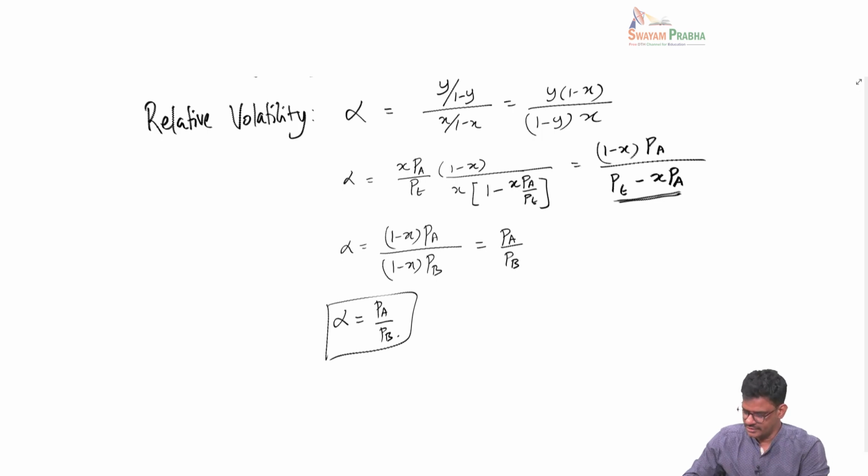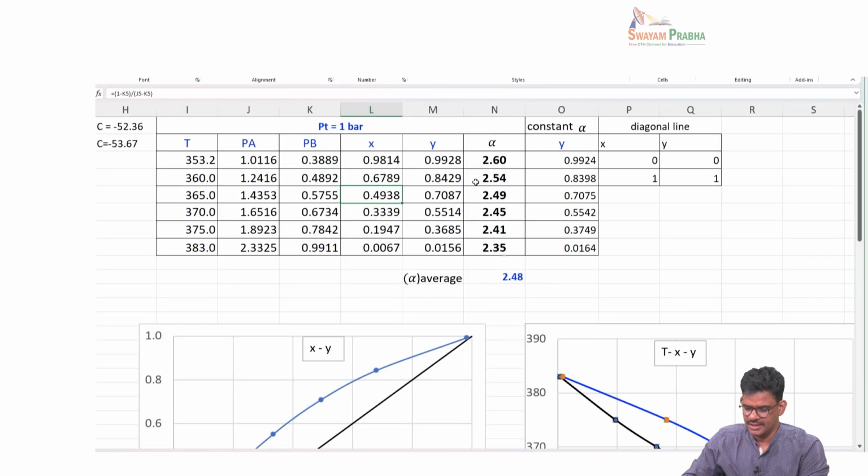Now let's go back to the problem I showed here, where I tried to calculate the relative volatility at each of those temperatures. You can see it starts from 2.6 and then slowly decreases all the way to 2.35. Why is this happening? Because alpha is defined as PA by PB.